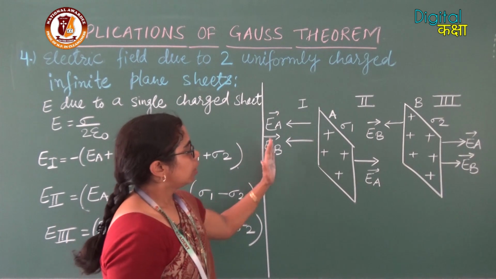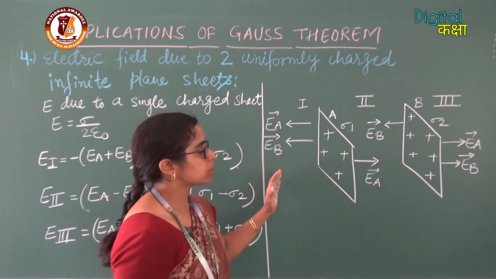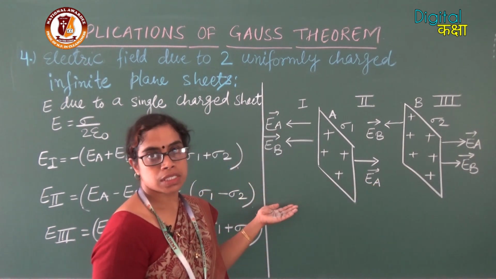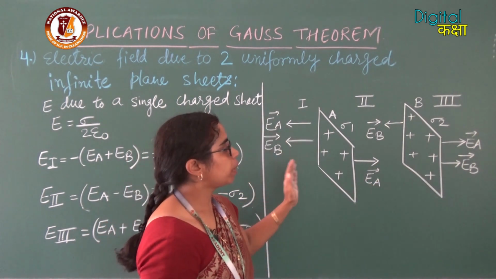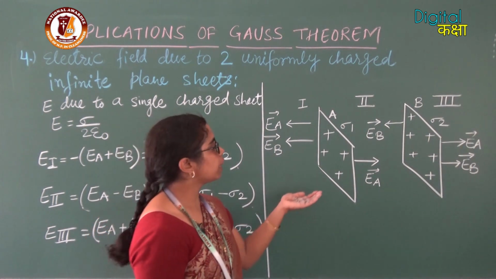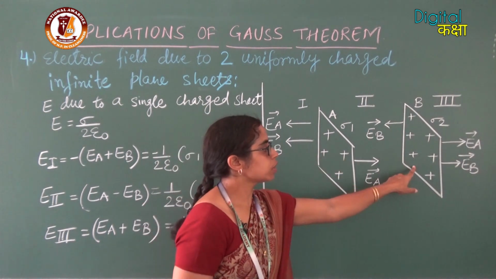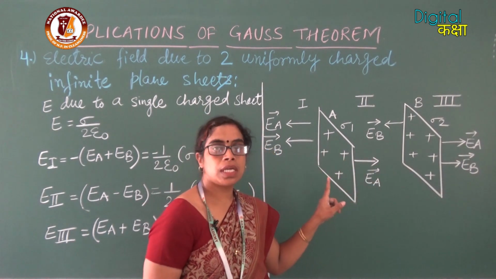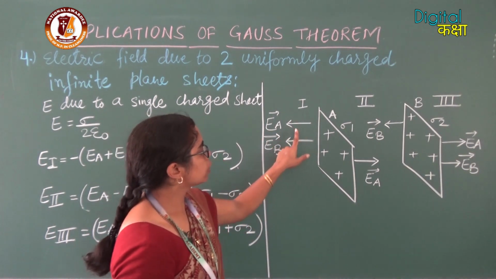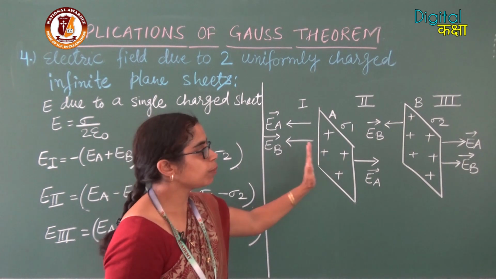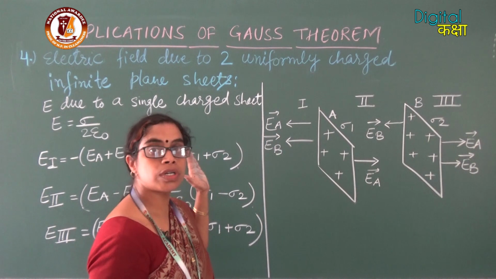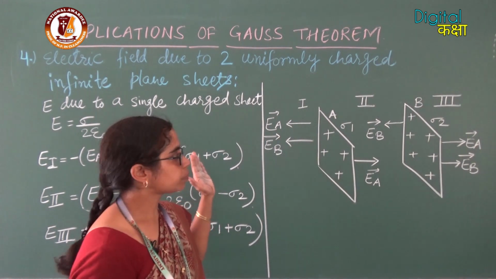Here the directions of electric fields due to both the sheets are marked in all three regions. Using the property of electric field lines, we know that the direction of electric field due to positive charges is always outward. So in region 1, the directions of EA and EB will be away from both the sheets, and that is why they are marked towards the left side.